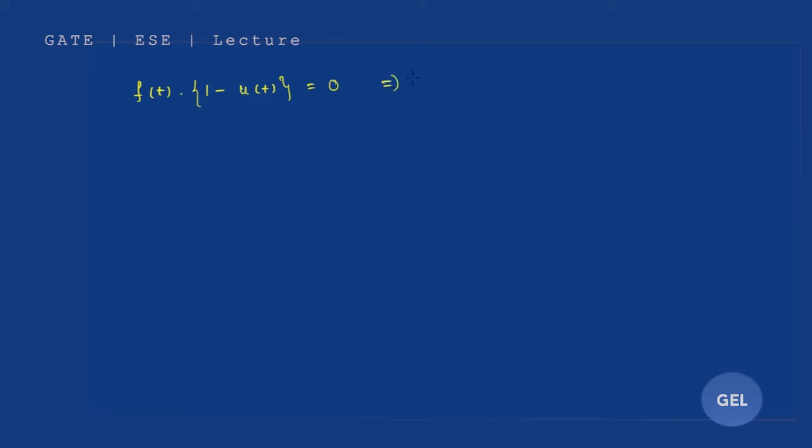So this can be written as f of t equals to f of t into u of t. Yes or no? Look here, it is saying f of t is nothing but f of t into u of t.